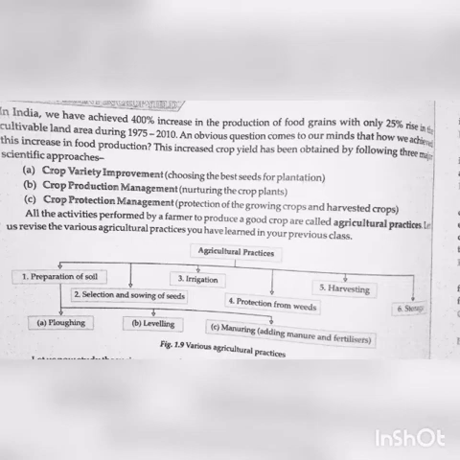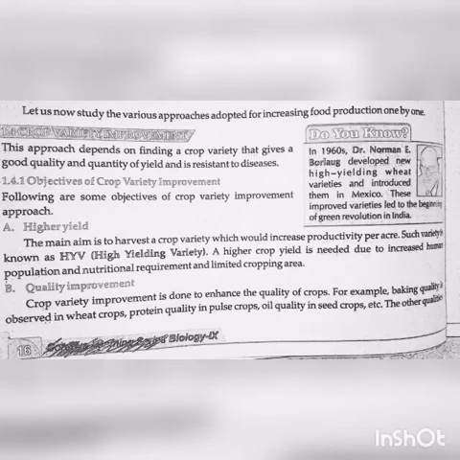Crop variety improvement. This approach depends on finding a crop variety that gives good quality and quantity of yield and is resistant to diseases. The objectives of crop variety improvement are as follows. First point, high yield.